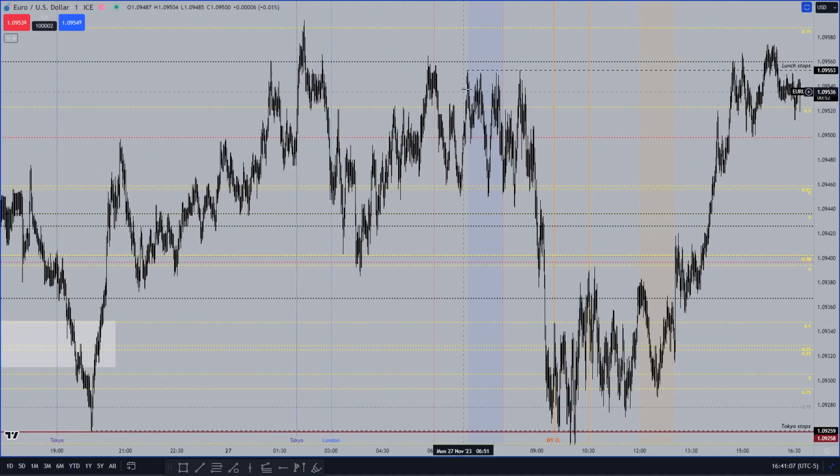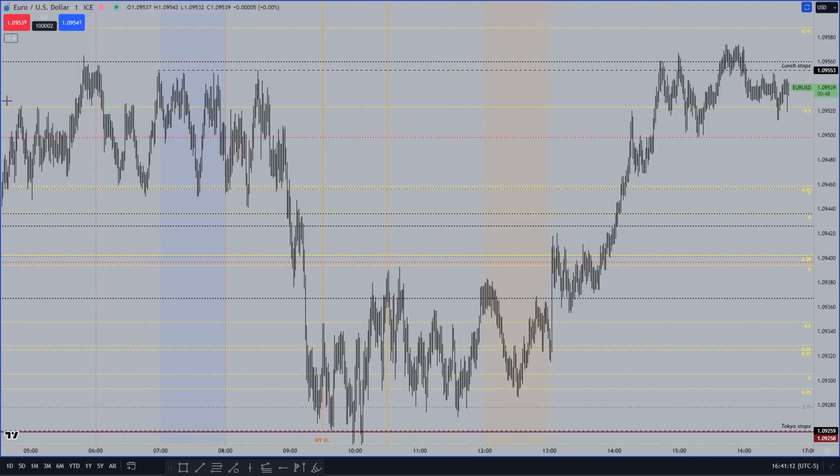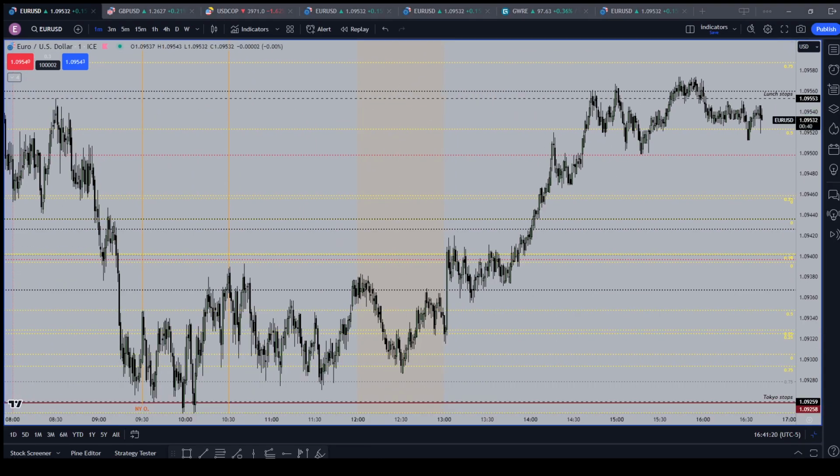It ends when the Euro USD took out those equal highs that were also produced during the lunch hour, so there was some extra liquidity over there. So that was basically the trading day.